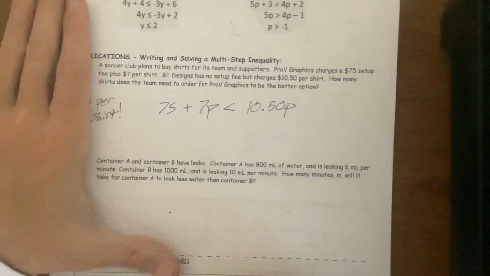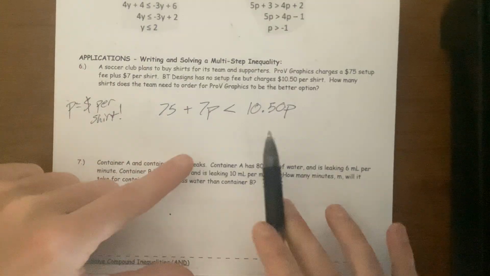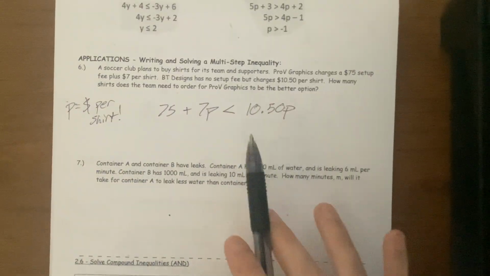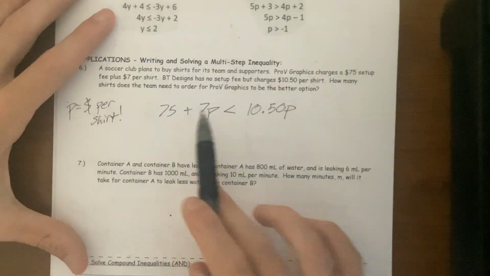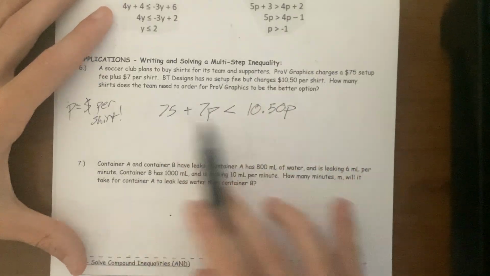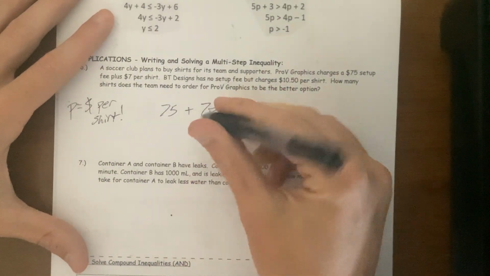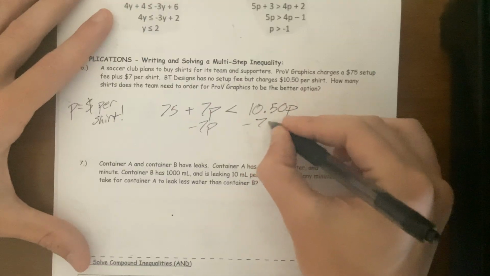Okay, so now let's solve. Normally I would say, let's move all of our p's to the left, but notice on that right side, all we have are p's. Since it's not asking me to graph anywhere on here, it just says write and solve, I'm just going to move my p's over to the right side. So let's subtract 7p.